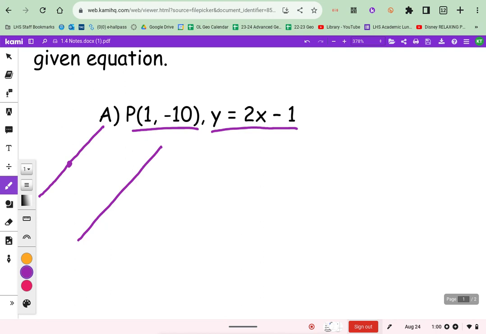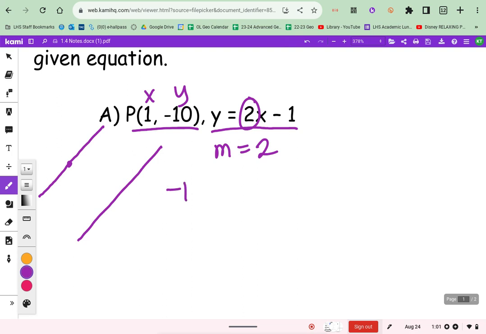So first step, we have to figure out what our slope is going to be. In the first line, what was the slope? 2x. 2. So what slope is parallel to 2? 2, because parallel lines have the same slope. All right, so m is 2. X and y come from the coordinate. So x is 1, y is negative 10. Now we can just plug into y equals mx plus b and solve for b.